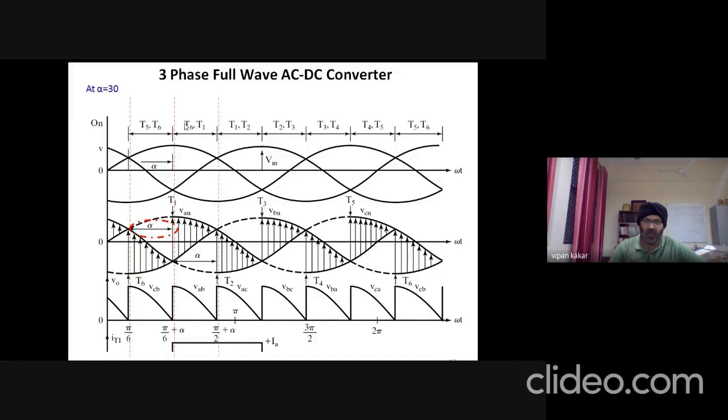And when T6 is paired with T1, we have at the load the voltage VAN minus VBN, like in the previous case.